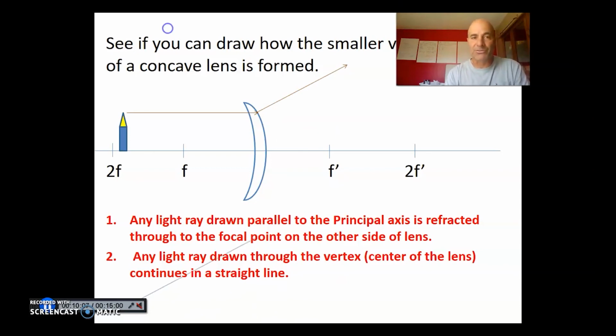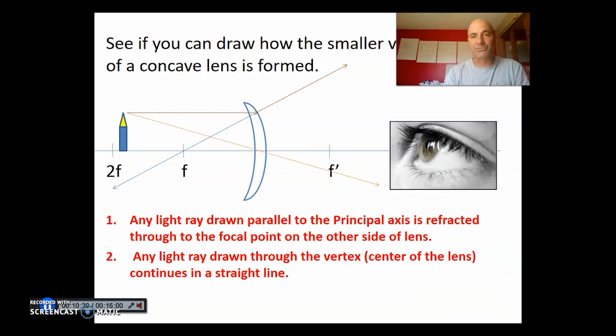Remember, it diverges, but you draw the line through the focal point, as you can see right there, and that's the direction it appears to go. And then same thing here through the vertex. If you put your eye on the other side, that line that just went through the vertex appears to be crossing and forming that smaller image.